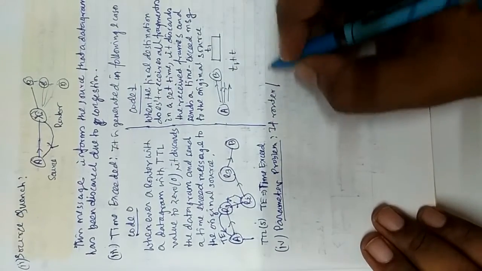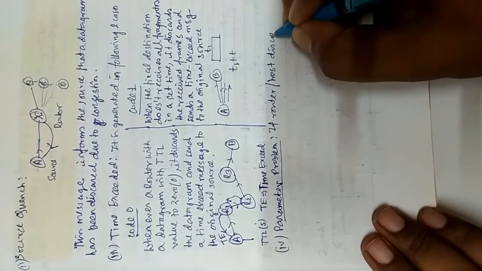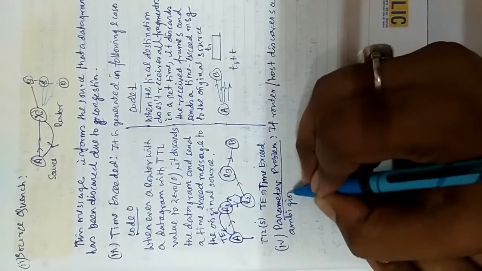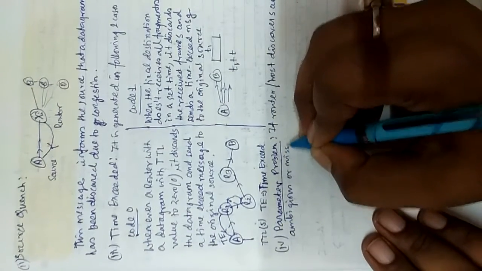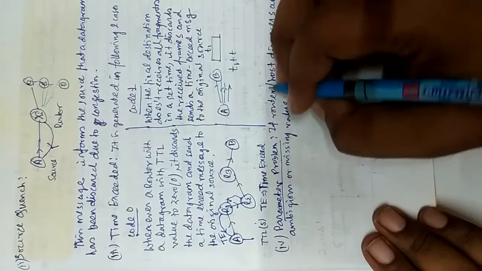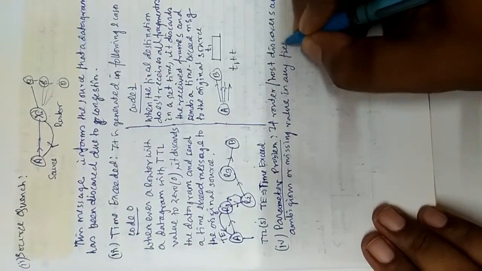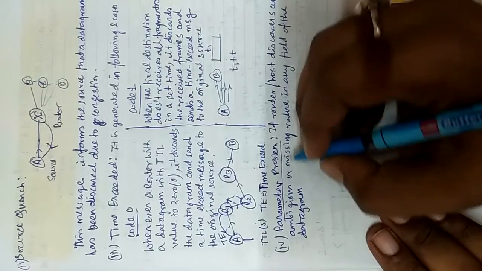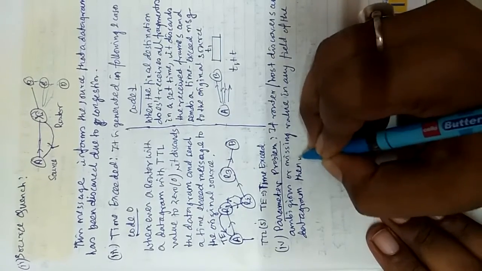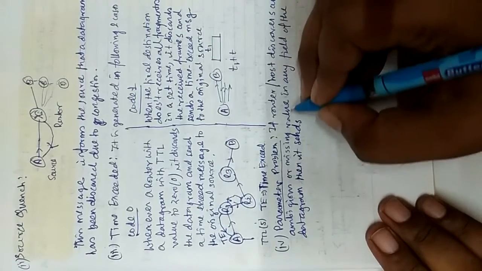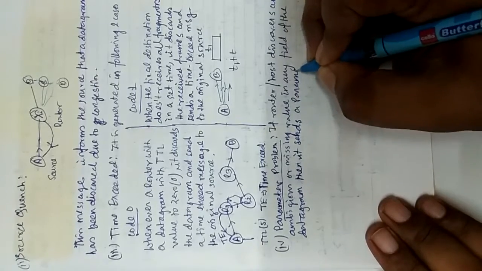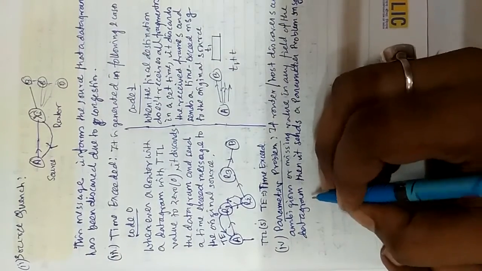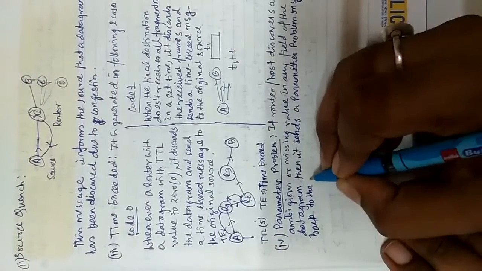If a router or host discovers an ambiguous or missing value in any field of the datagram, then it sends a parameter problem message back to the source.